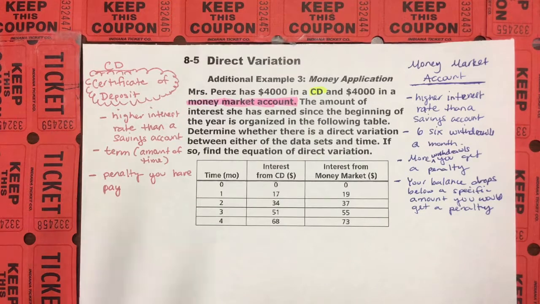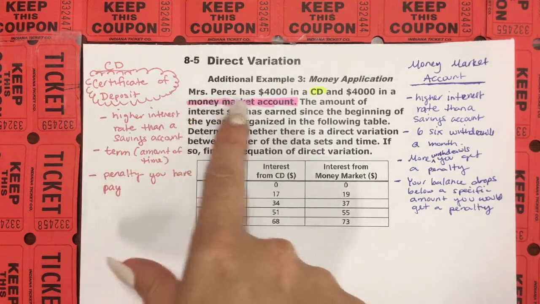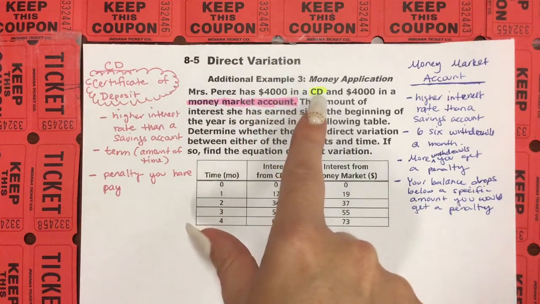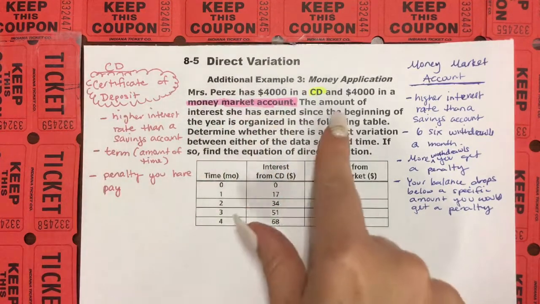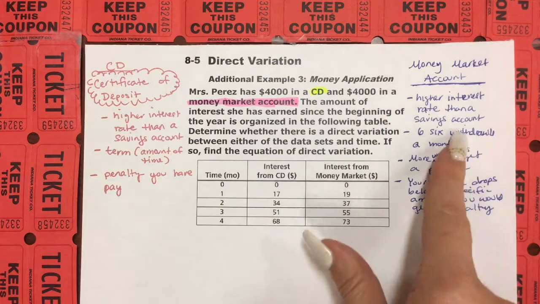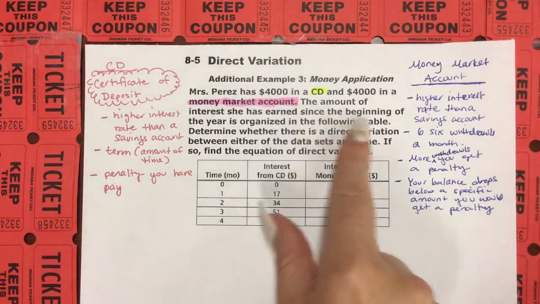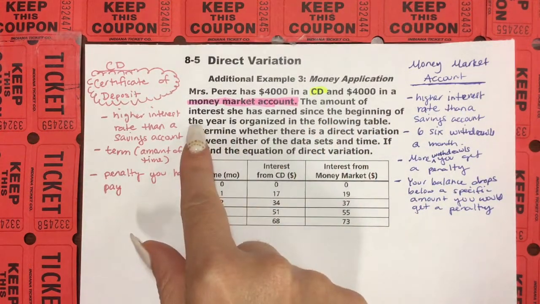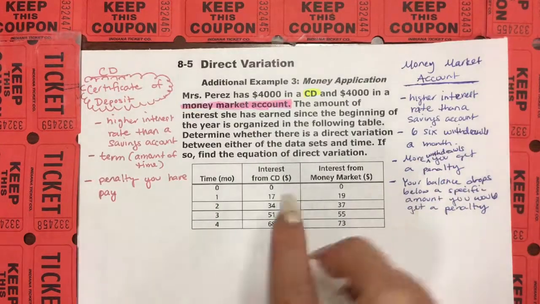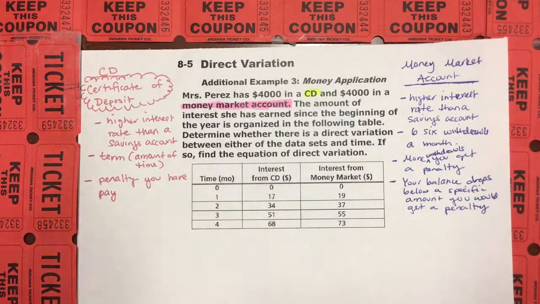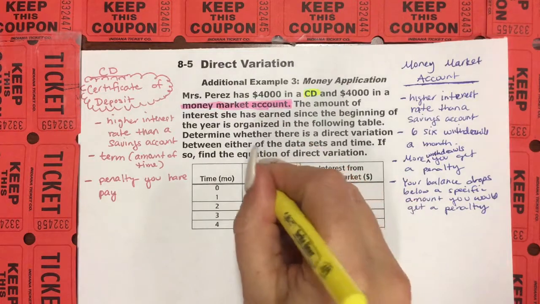So now that you guys kind of hopefully understand that, let's go back to this. It says Mrs. Perez has $4,000 in a CD, okay, and $4,000 in a money market account. So those are 2 different things. And if you see on this table, this right here, this is the data. So she has 2 different accounts.